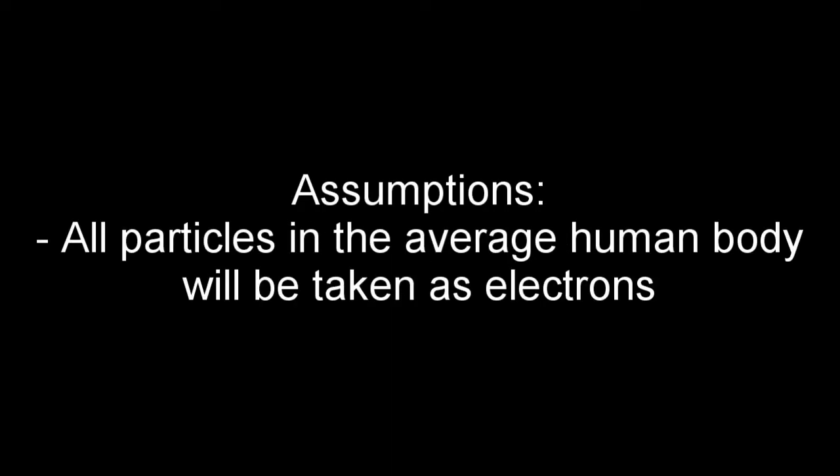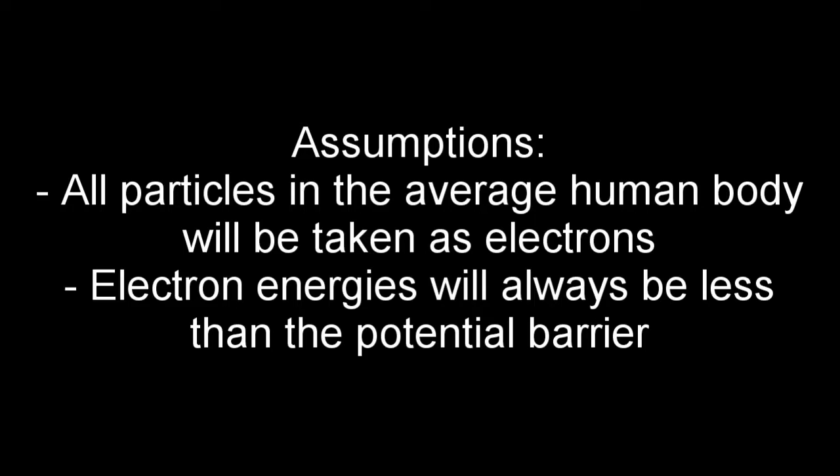So we're going to start with some assumptions here. Obviously, this is going to carry on throughout the whole derivation, but the assumptions here are that all particles in the average human body will be regarded as electrons, and all their energies will always be below the potential barrier. So at this point, E will always be less than V at all times.